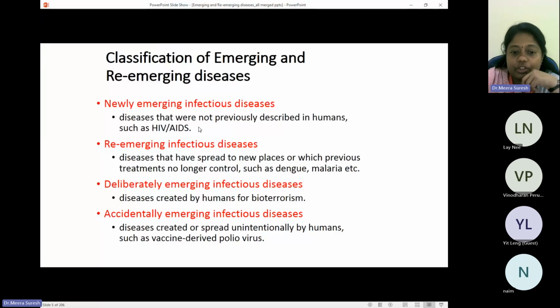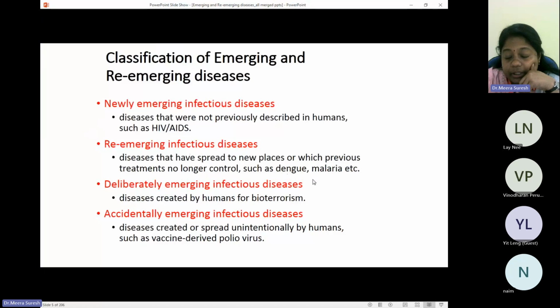And we have the re-emerging infectious disease. These are the diseases which have spread to new places or which were controlled by previous treatment but it is not working now. And the diseases will be dengue, malaria, tuberculosis, etc. You might be knowing a lot of tuberculosis cases are actually antibiotic resistant now.